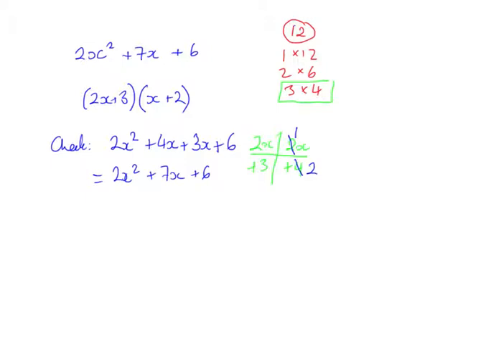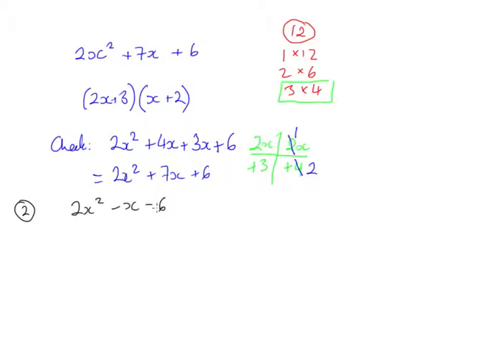So, let's say you had 2x squared, let's do it in black this time, let's call this question 2, 2x squared minus x minus 6. So step 1, multiply these numbers together.